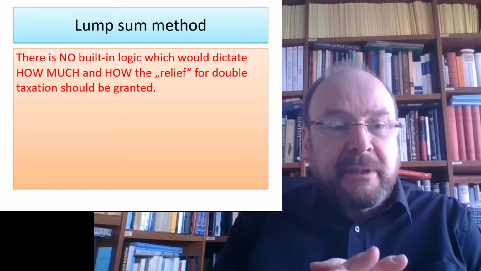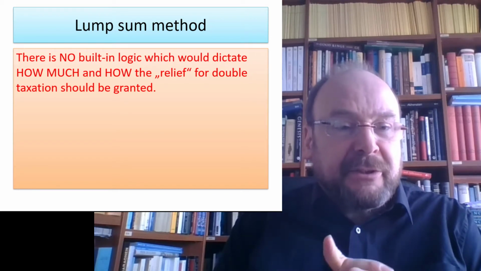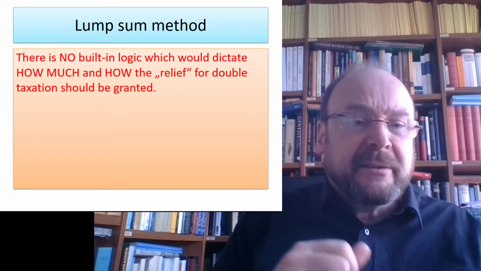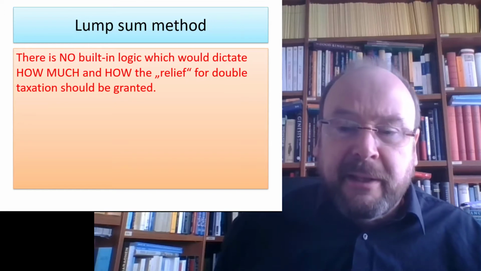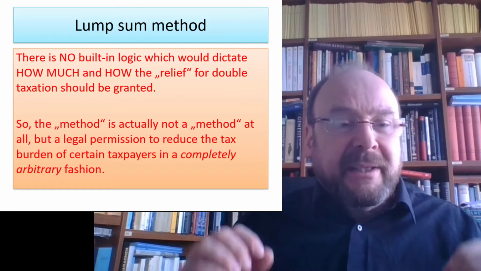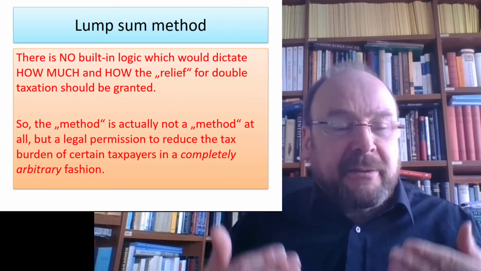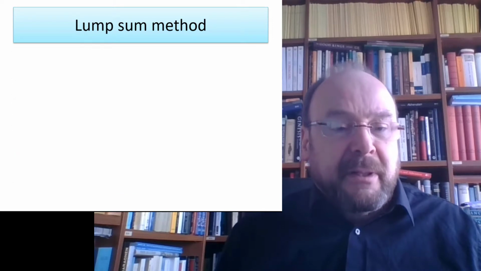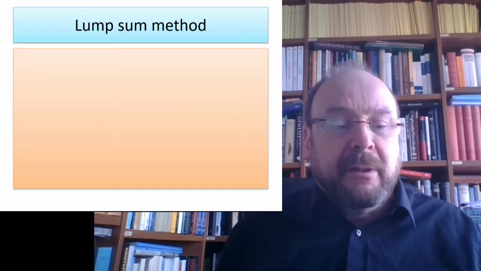Here, there are not. Here, the lump sum method would just be the permission for the state authorities to say we take less than we usually need to. So the method is actually not a method at all. It's just the legal allowance or legal permission to reduce the tax burden below the regular amount. That's it, plain and simple.